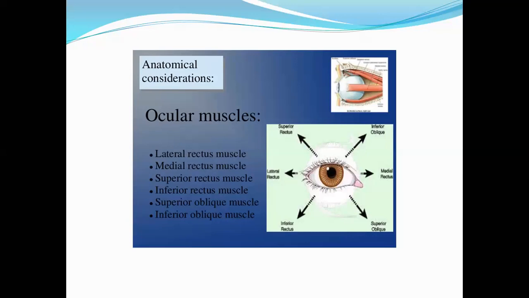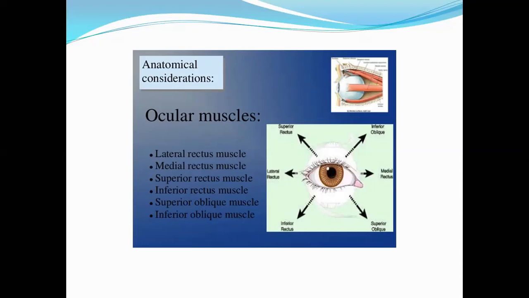Otherwise, all these muscles may have entrapment in one or the other fractures, because it is not only that there would be an orbital floor fracture or medial wall fracture, there might be supraorbital rim fractures, lateral wall fractures, or orbital floor fracture along with other fractures.